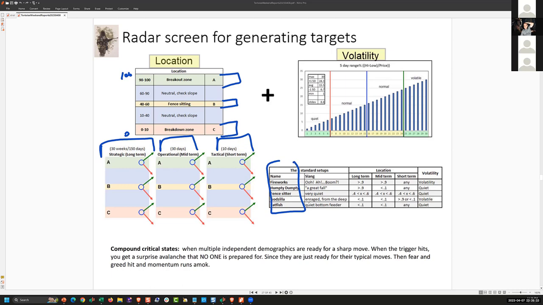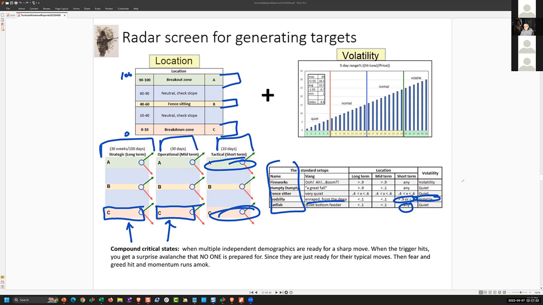Like my favorite is the Godzilla. He is oversold on the 150 and oversold on the 30, and then he can be any position on the short-term 10-day, I don't care. The fact that he's here, plus his volatility is volatile. I'm sorry, I like him here or there is best.